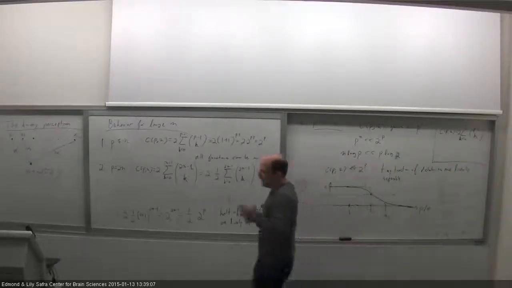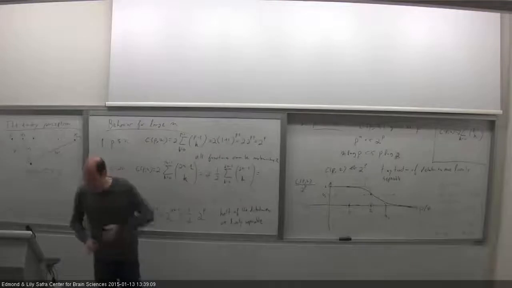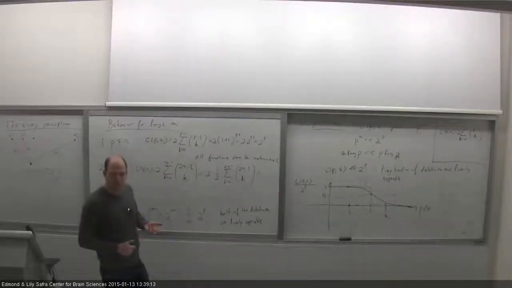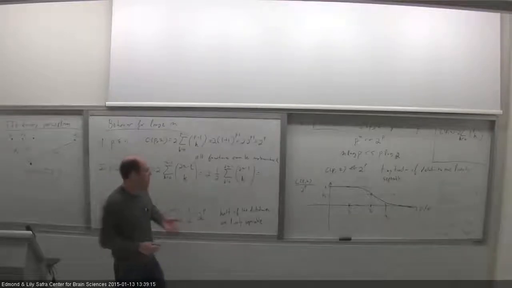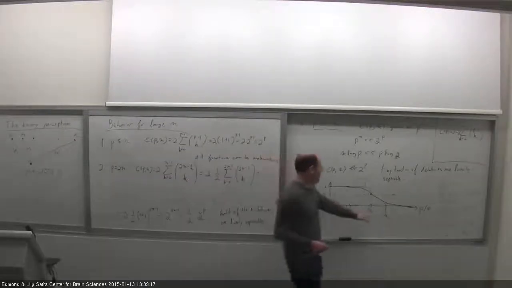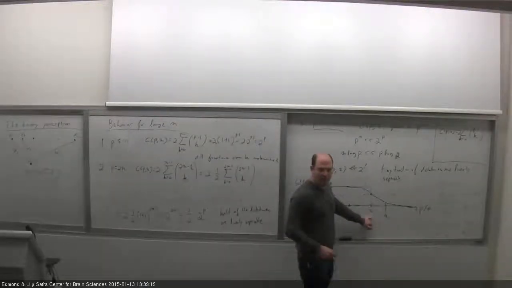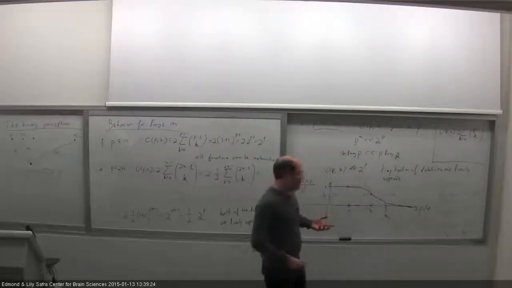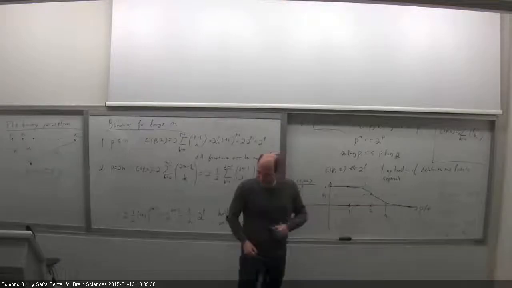So essentially, again, for large n, you can implement any dichotomy if the number of examples is up to 2 times the dimensionality of the space. And in that sense, we say that the capacity of the binary perceptron is 2 times n, 2 times the dimensionality of the space.